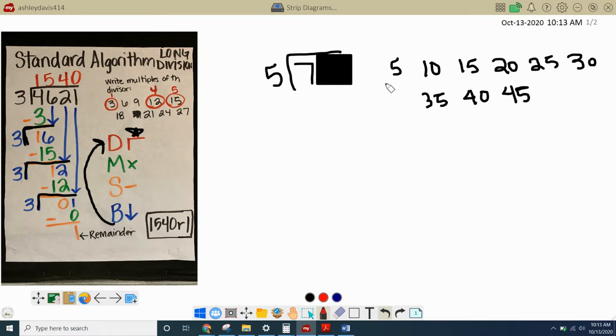I can go all the way to 5, which is one group. 5 times 1 is 5. I need to see how much I have left over. 7 minus 5 is 2. I just divided, I just multiplied, I just subtracted. My next step is to bring down.